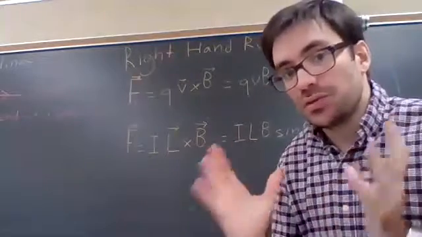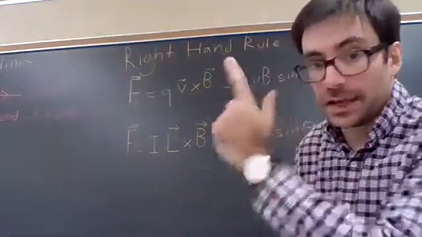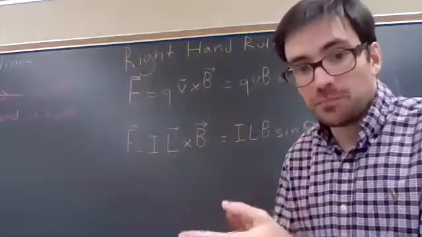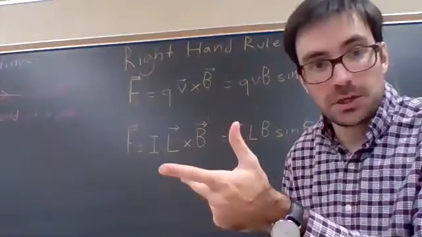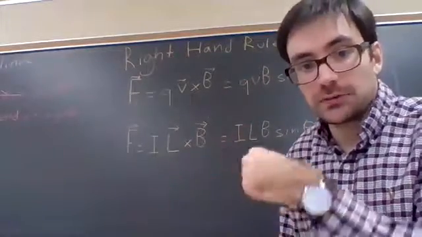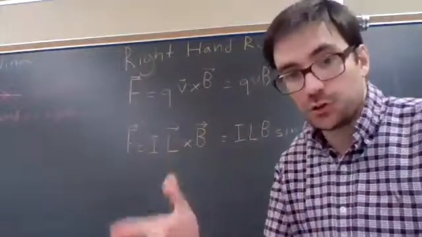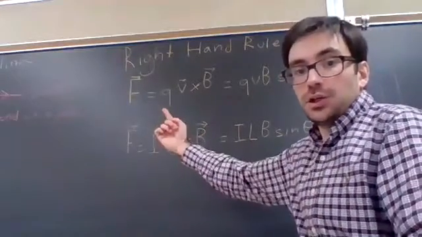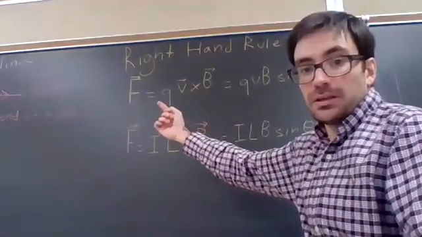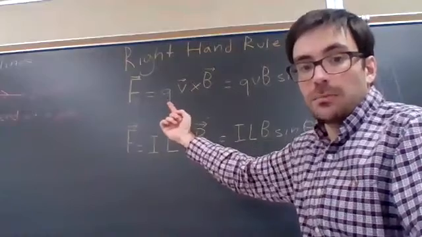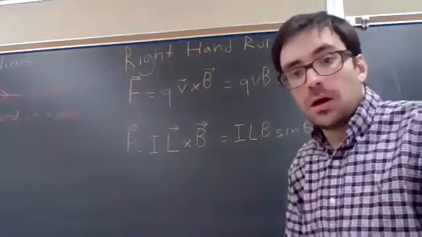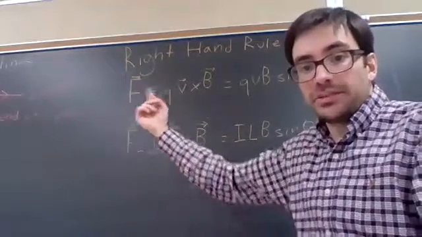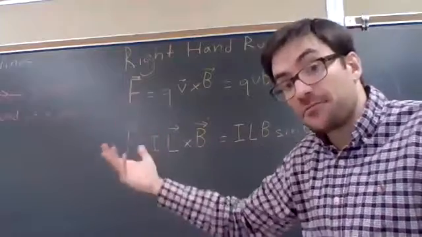There are many ways of dealing with negative charges. My personal favorite, again, is just using the same setup just with your opposite hand, because it's negative charge, you use your left hand, positive charge, you use your right hand. But you can also represent the QV as, since it's a negative Q, put V in the other direction. Or you can just remember it's negative, so you flip the direction of F.